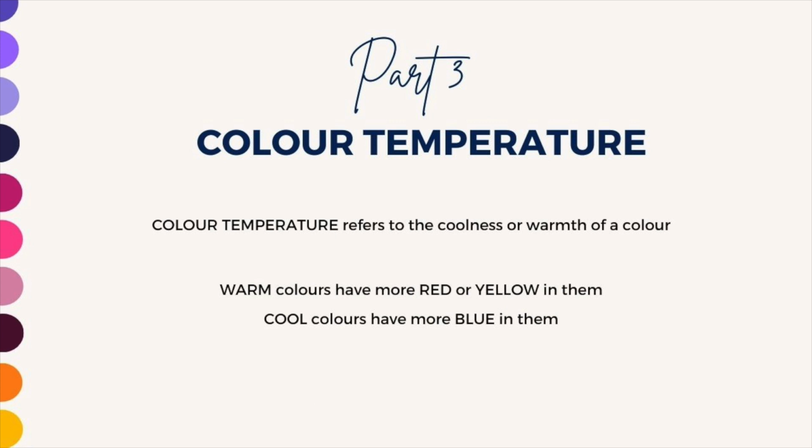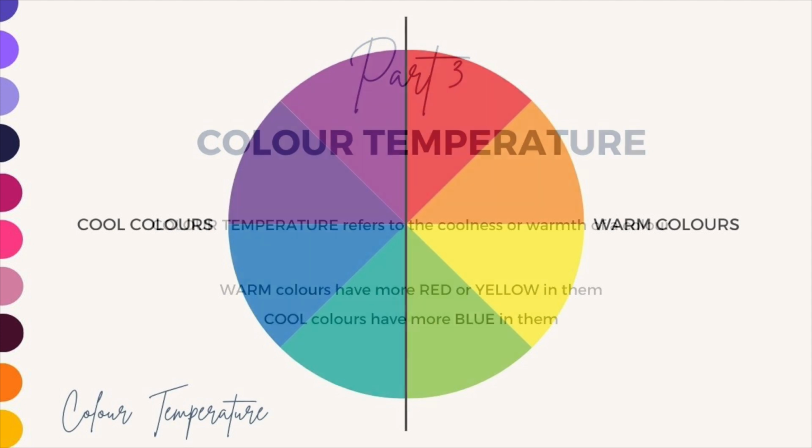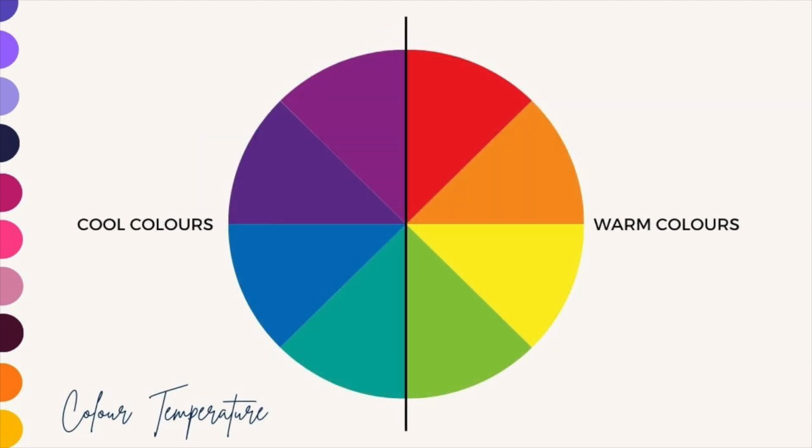Color temperature refers to the coolness or the warmth of a color. Warm colors, as you might imagine, have more red or yellow in them, and cool colors have more blue in them. So let's take a look at our color wheel again. If you draw a straight line down the middle vertically of our color wheel, you can see on the left side are our cool colors and the right side are our warm colors.